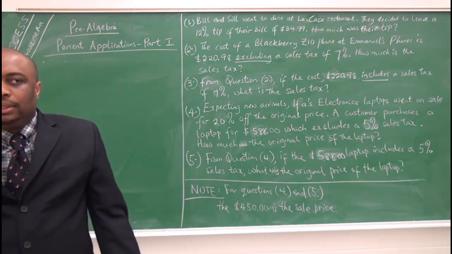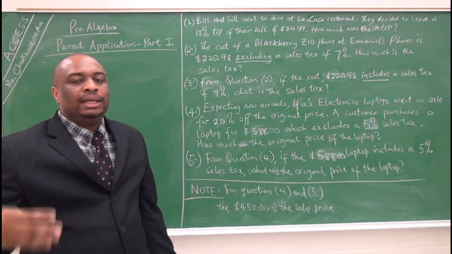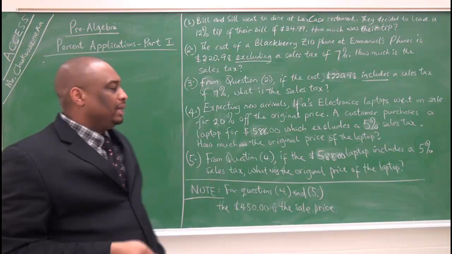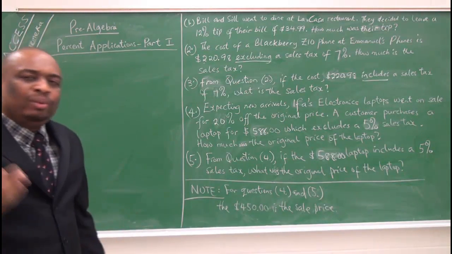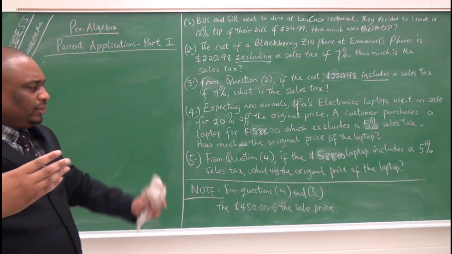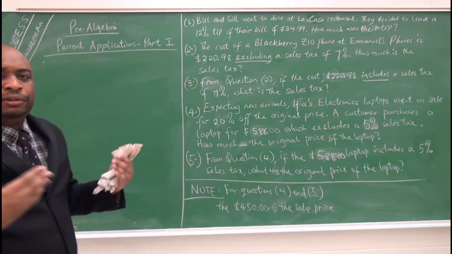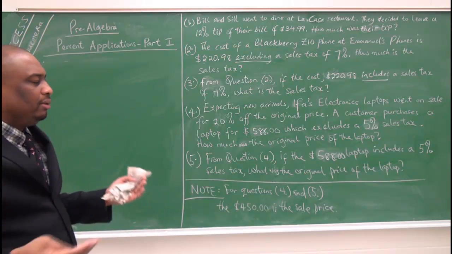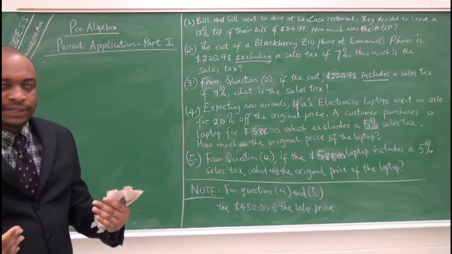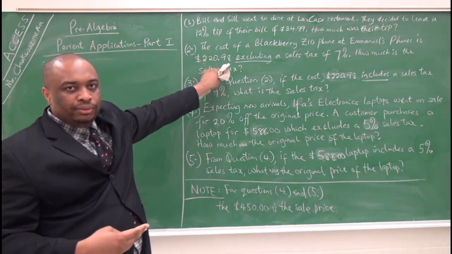And because the original price of the phone is going to be smaller, the sales tax will also be smaller. So how do we go about doing this? We don't know the original price of the phone, and we don't even know the sales tax. So that presents a challenge for us because it wasn't as straightforward as question 2.